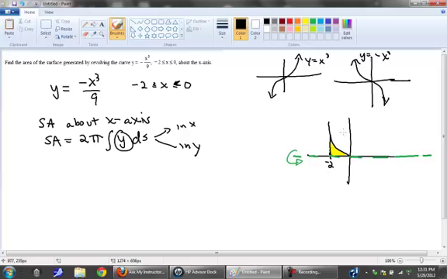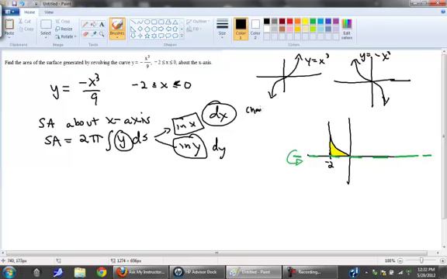Let's try it. Maybe something goes wrong. Let's try it as an x integral. If it's in x, then it's a dx integral. If it's in y, it's a dy integral. If you're a dx integral, then this y is not happy as a y.